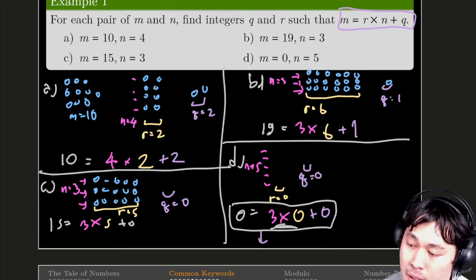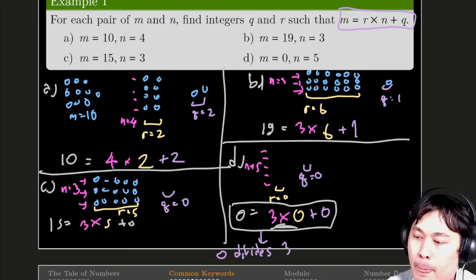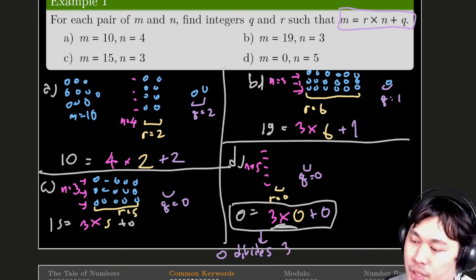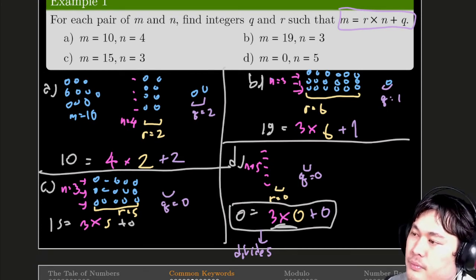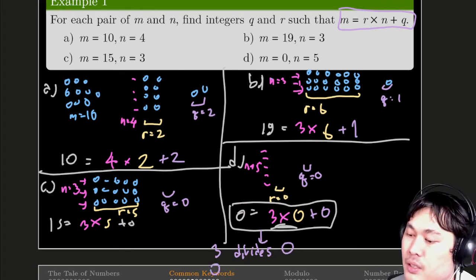Like in this case, you would say that 0 divides 3, by the definition. Oh, sorry, 3 divides 0. 0 is divisible by 3.